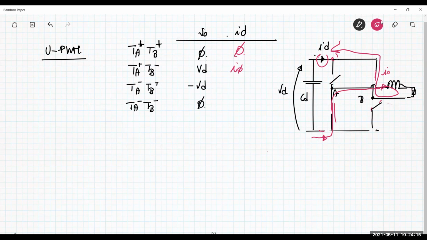If the current is negative, the same. Basically ID is always negative I naught. What happens when these two transistors, A minus and B minus, are on? The current will circulate here, and no current flows to the input side. So if you look at the current flowing at the input side, you can see that, again, you have 3 different levels: 0, negative I naught, and positive I naught.